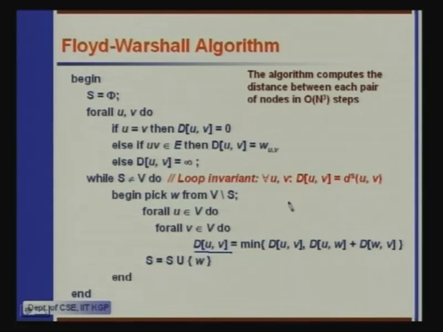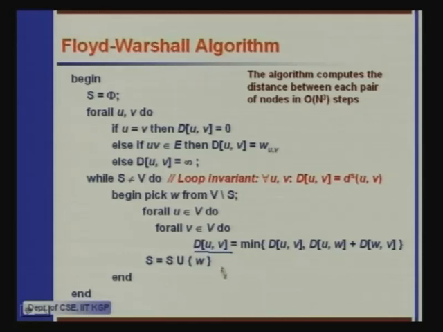So, in other words, it always maintains that for all u and v, the variable duv contains the shortest distance between u and v through the vertices in S. Okay. Now, in order to maintain this invariant, in every iteration, whenever it picks a vertex w, it has to perform this update to make sure that duv remains equal to dSuv when w gets added into S.